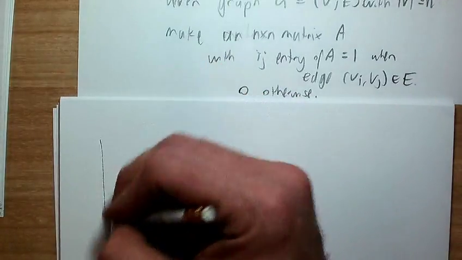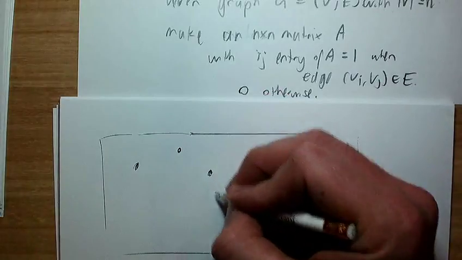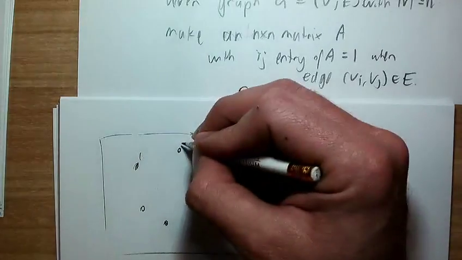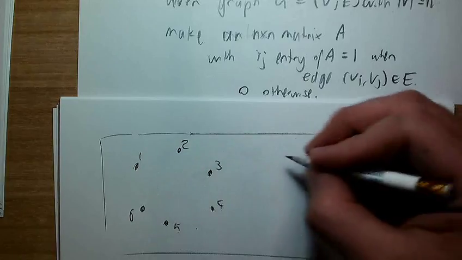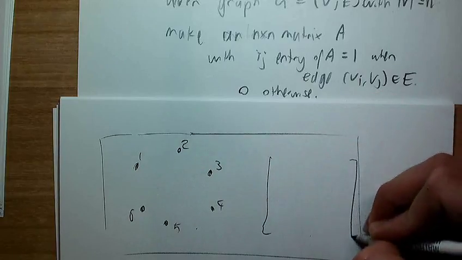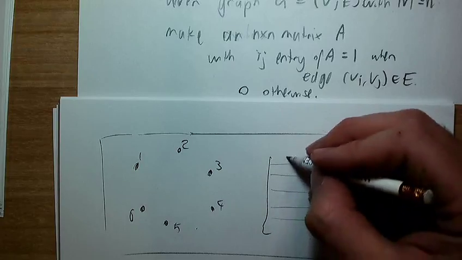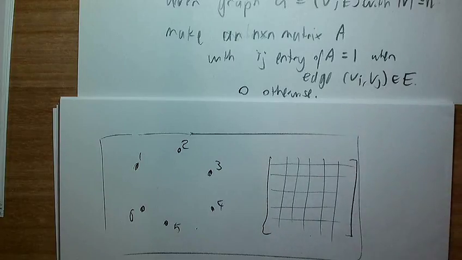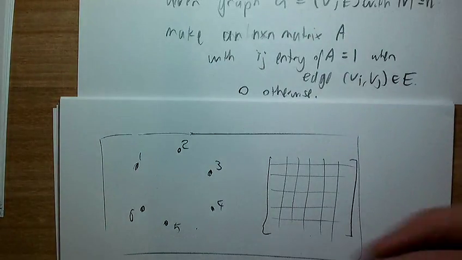So just as an example, here's my graph. 1, 2, 3, 4. I really shouldn't have done 6, but it's okay. So I need to make a 6 by 6 matrix. I'll put them all zeros, and I won't put any edges in at all.